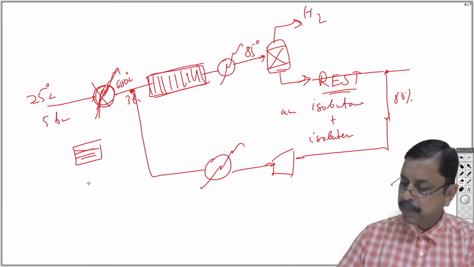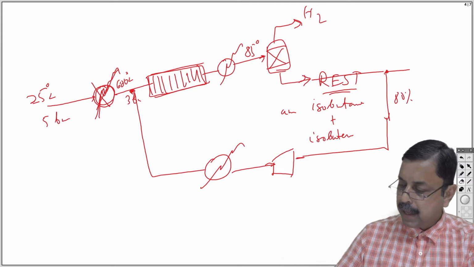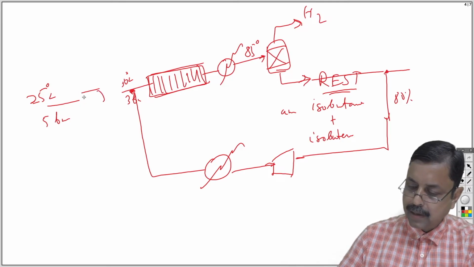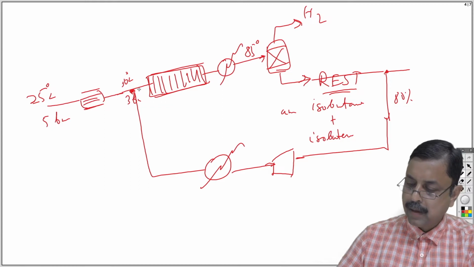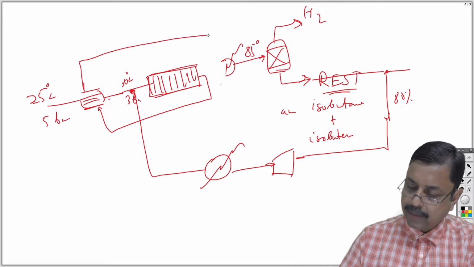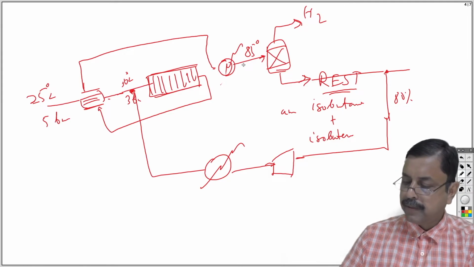We need to calculate the heat duty in this configuration, and then we have to replace this one with a heat exchanger, and we have to cut this line, take this stream to preheat this stream, and then the outlet of this we will pass to the heater. So this is what we will be doing.